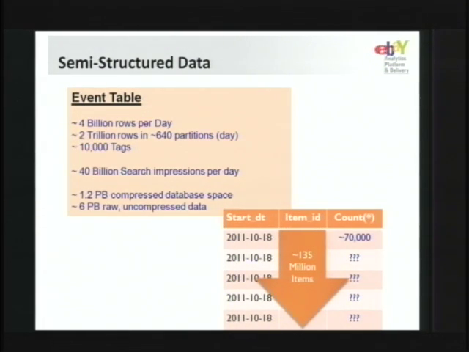The total table is somewhere between 1.2 and 1 point a little bit compressed database space. And the total of the data would be somewhere between 6 and 7 petabytes if it were uncompressed. We have 135 million items surfaced on a given day out of over 200 million we have. And the top item might surface 70,000 times.